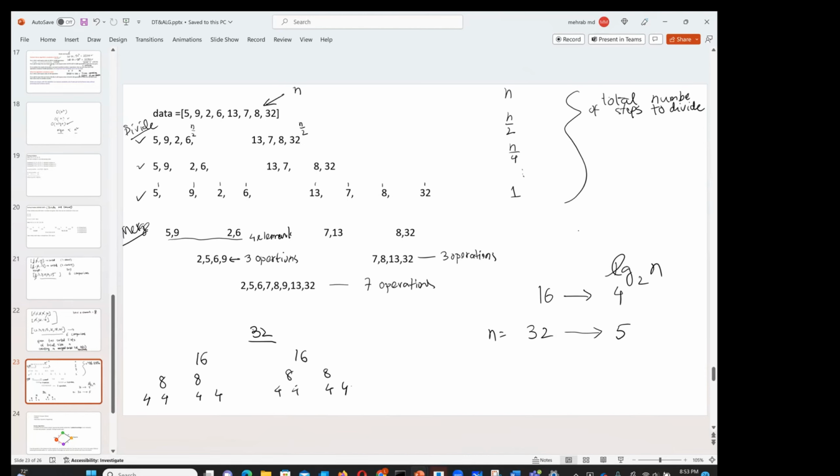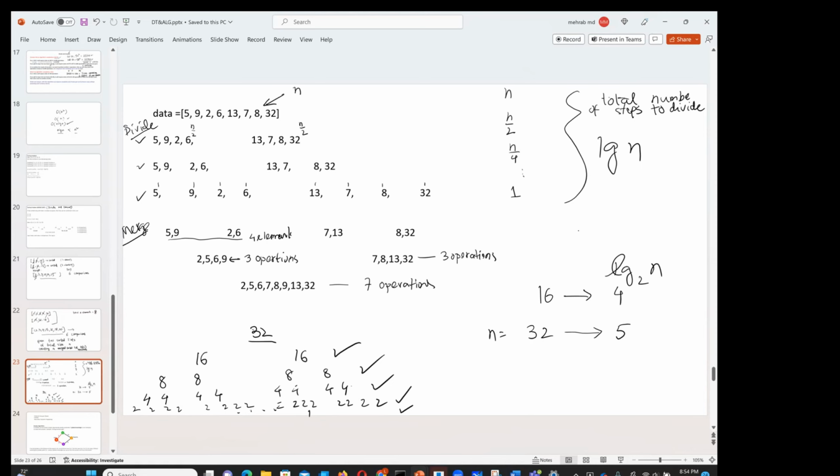Then 2, 2, 2, 2. And finally 1, 1, 1, 1, 1, 1, 1. This is step 1, step 2, step 3, step 4, and this 1, 1, 1, 1, step 5. So the total number of steps to divide is log n times, right?